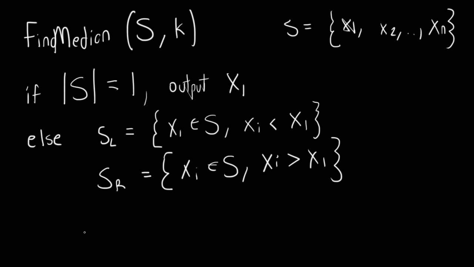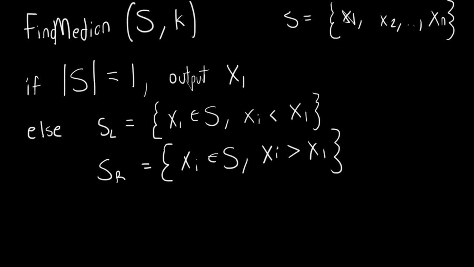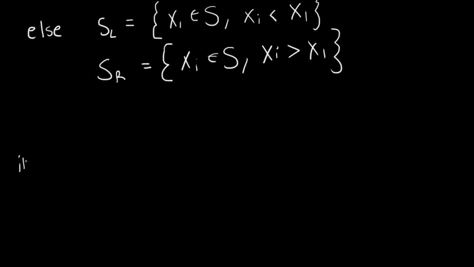So now we have two options over here, right? If the size, the amount of values inside of SL, is equal to k minus 1, then the pivot is what we want. If we find that the left side contains one value less than the median position, then clearly the pivot is our value.